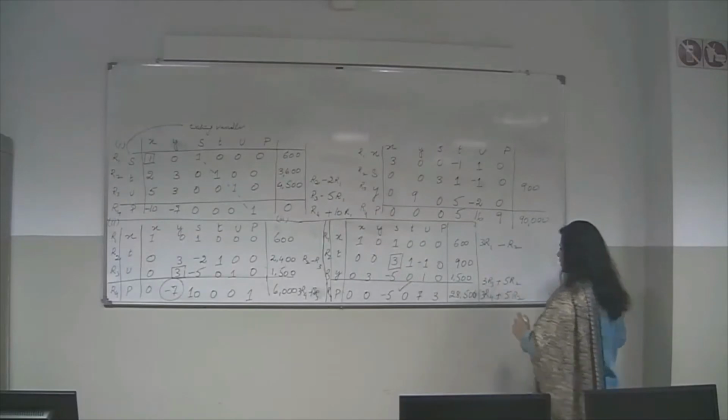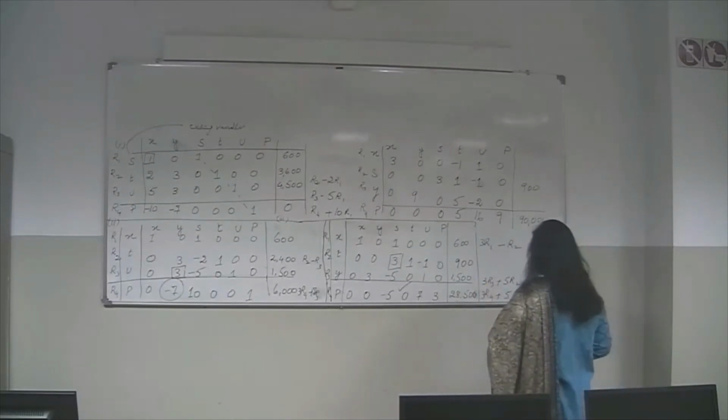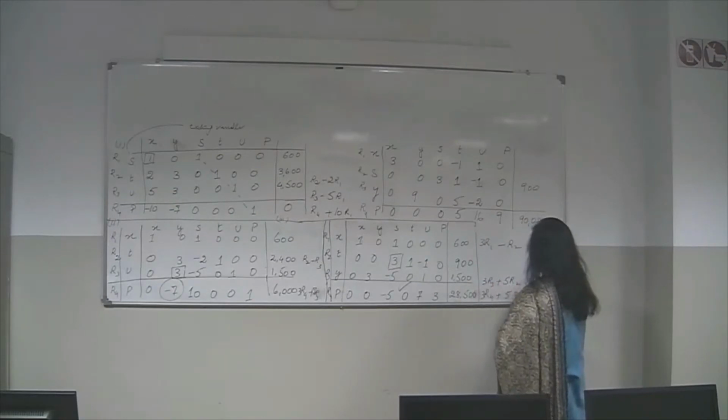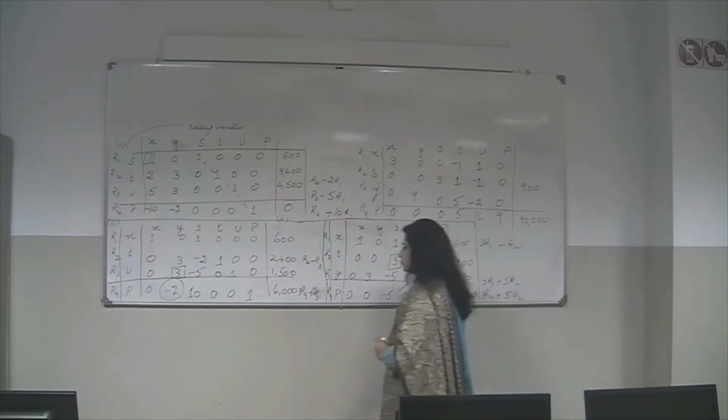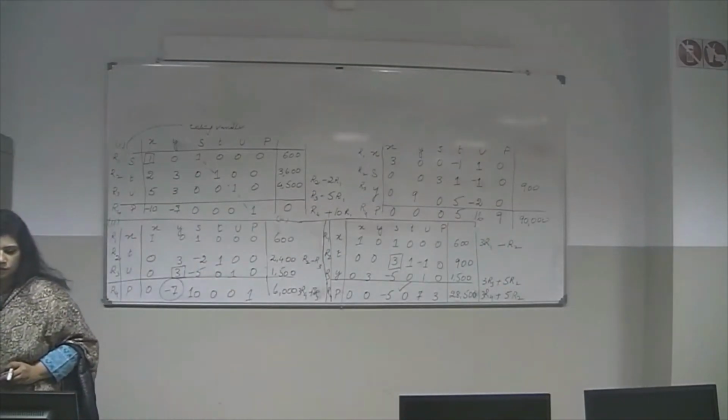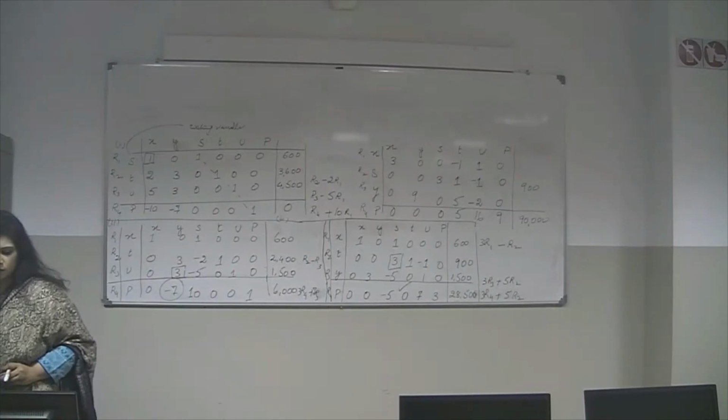About this one, again, we're going to perform a similar operation. 3 times this plus 4,500. So now, again, we have into 3 plus 4,500.